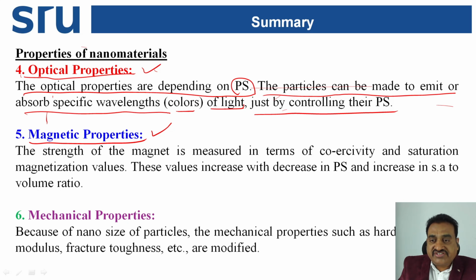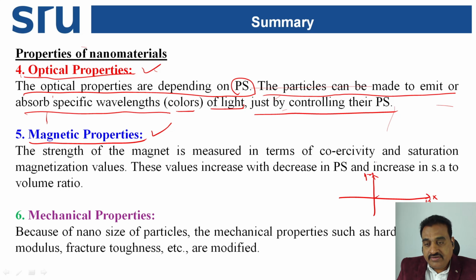So try to understand here: take the x-axis as magnetic field and the y-axis as magnetization. So we get the hysteresis loop of a ferromagnetic material.